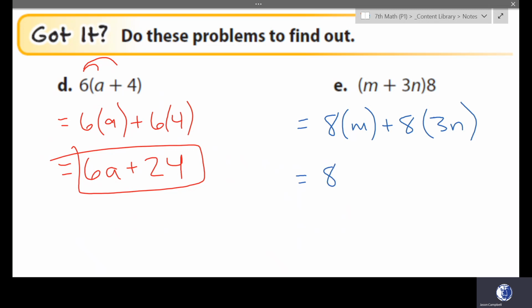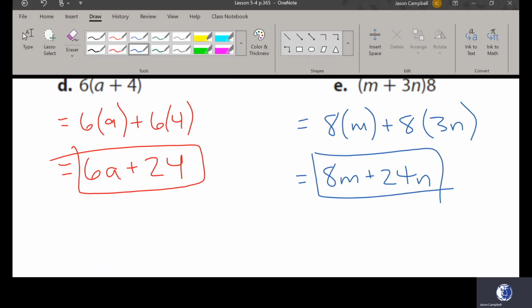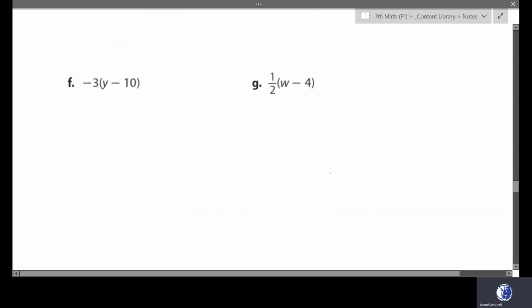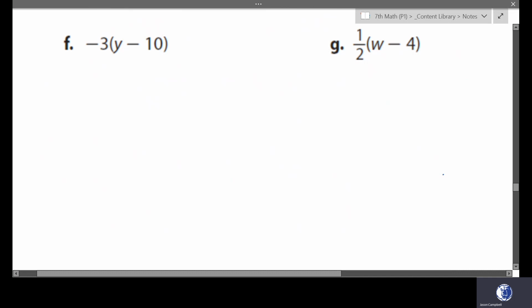We're going to get 8M add 24N. Hopefully you're getting these correct. The skill is going to keep coming up over and over again.